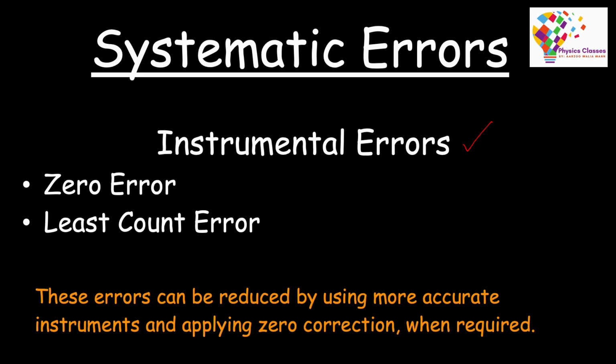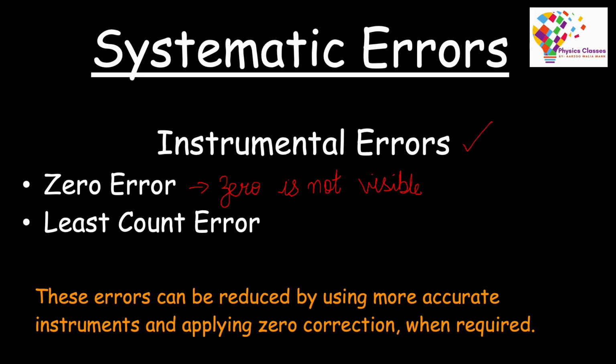They can be like the zero error, which comes in when the zero is worn out or the zero is not visible due to various reasons, such as wear and tear. Then there is another type of instrumental error, which is the least count error. Every instrument or device that we use has a particular least count.